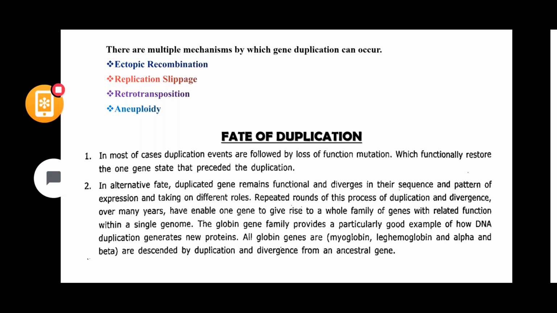Finally it gives a different family of genes, as I have given the example of myoglobin, hemoglobin, and alpha and beta globin proteins. These are globin gene family proteins, and this is because of gene duplication and divergence. Okay, next slide.